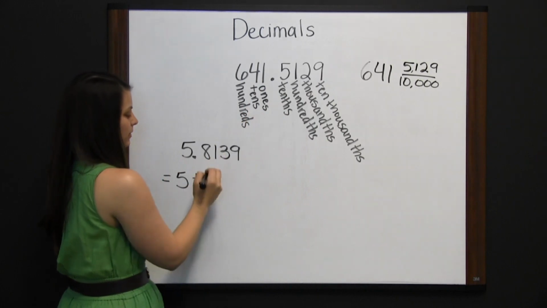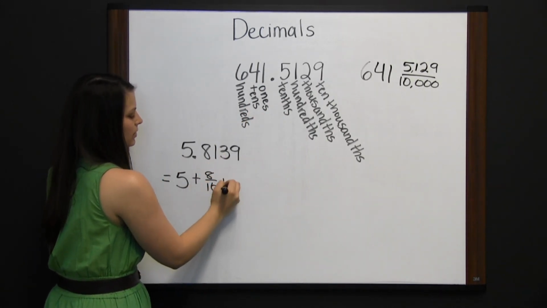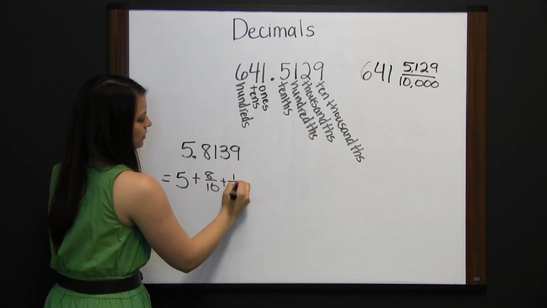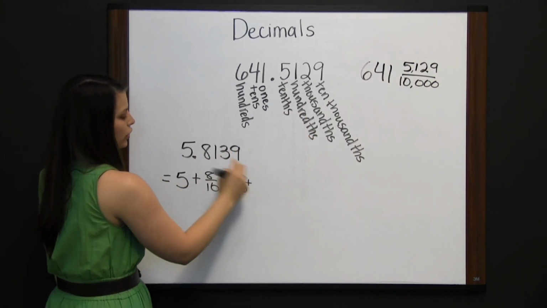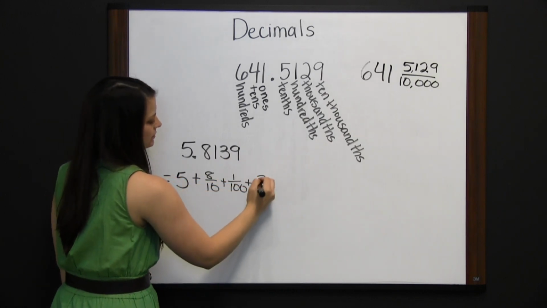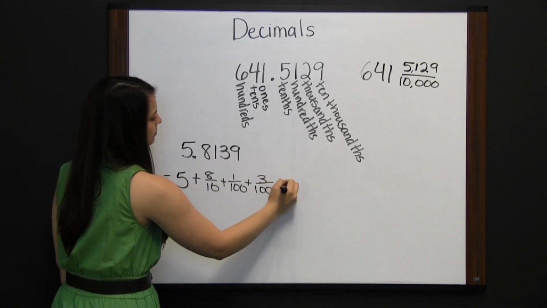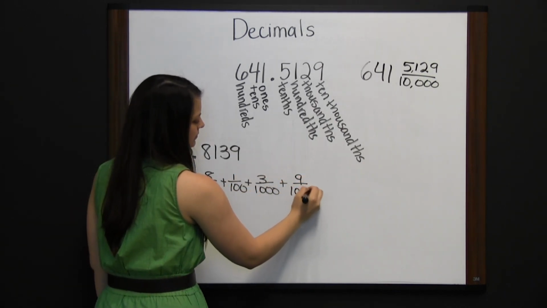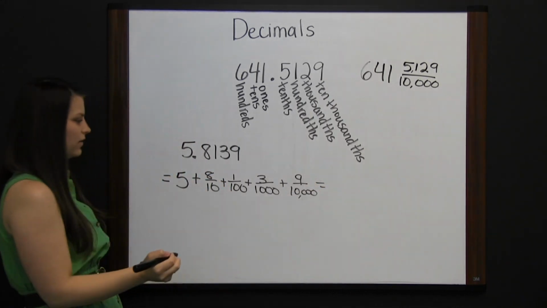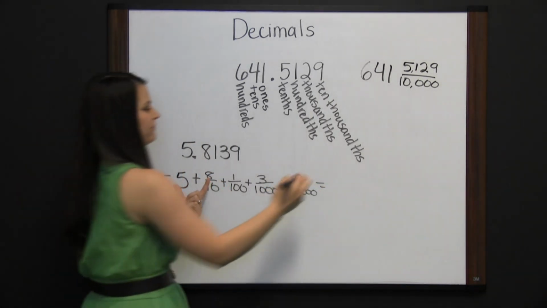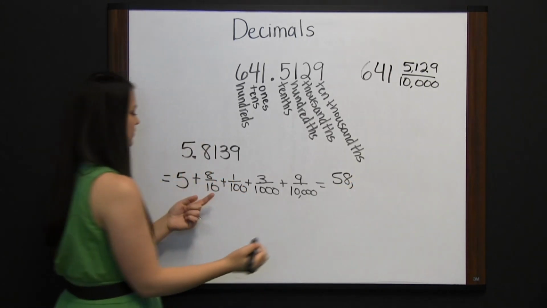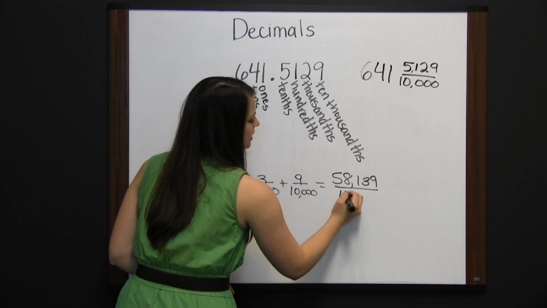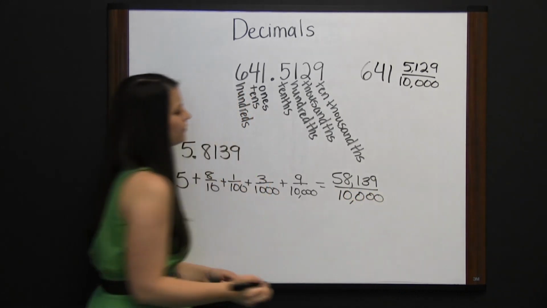since it's in the tenths place, plus 1/100ths plus 3,000ths plus 9/10,000ths, which would give us 58,139 10,000ths.